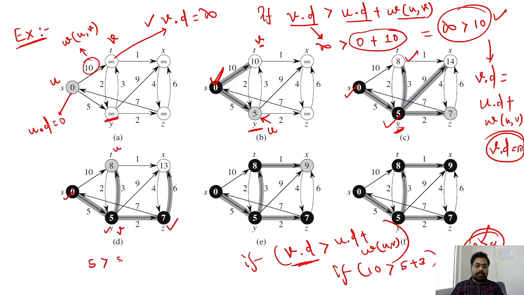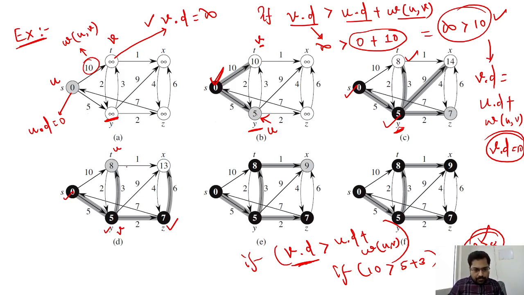Whether 5 is greater than 8 plus 2 or not. 5 is greater than 10? No, no. So that's why we are not going to update that one. And also one more thing you remember, once a node is relaxed, we are not going to relax it once again, because one time relaxation is done in Dijkstra algorithm. Okay. That is why in future the problem you may face, that I'll also discuss.